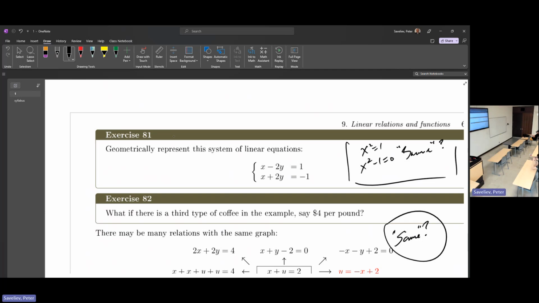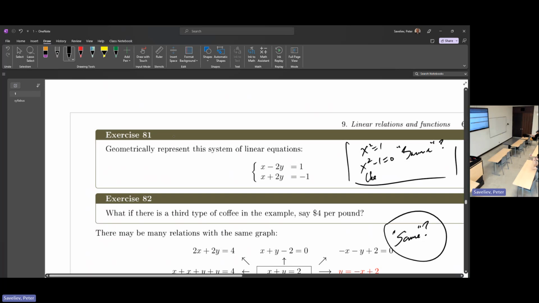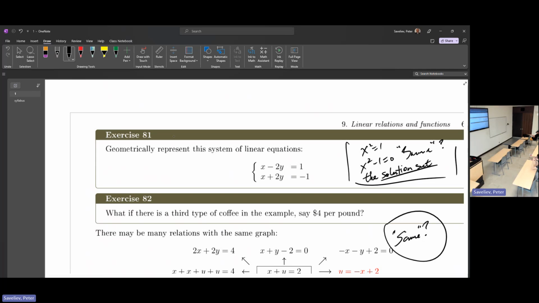Solution. The solution, and to make that point more precise, the solution set. So to solve an equation is to produce the solution set, which consists of all possible solutions to the equation, which, even in this case, is not one single number. So producing the solution set is solving an equation. Then the two equations are the same in that sense if they have the same solution set.